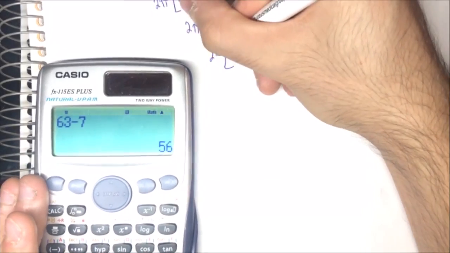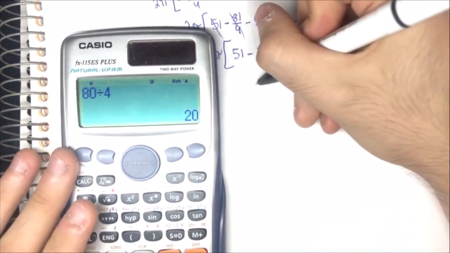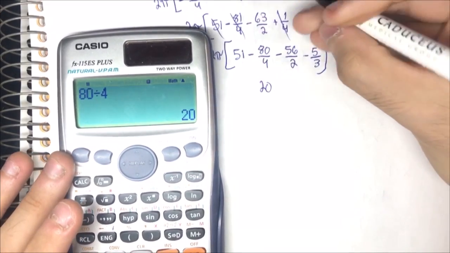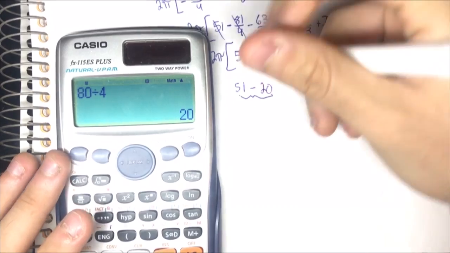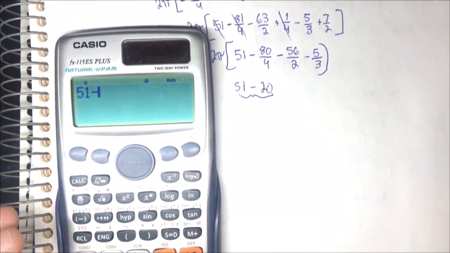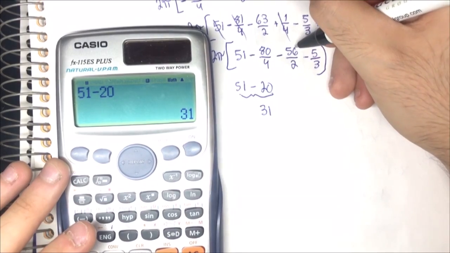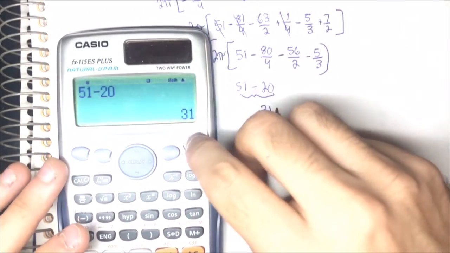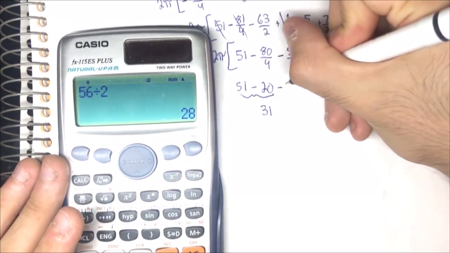So now this is what we have being multiplied by the 2 pi. So let's see, 80 divided by 4 just gives us 20 minus 51. And this stuff here, 51 minus 20 just gives us 31. And then, let's see, 56 divided by 2 gives us 28.